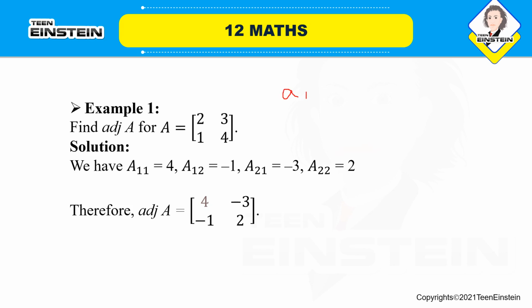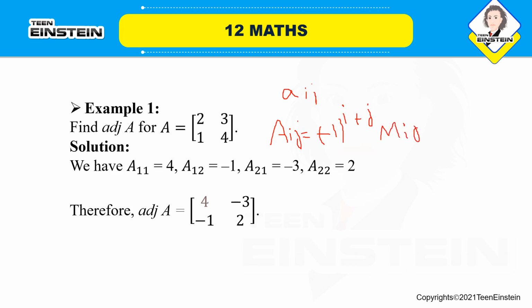What is the definition of the cofactor of small aij? The cofactor of small aij is capital Aij, which is equal to minus 1 whole to the power i plus j into the corresponding minor Mij.